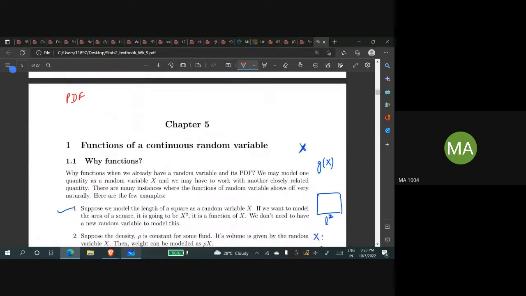Just by looking at the PDF function, because if y is uniform in 0 comma 2, the PDF is going to come to be 1 by 2, right, for y belonging to 0 to 2. So just by looking at this expression, we said that y is uniformly distributed in 0 to 2.